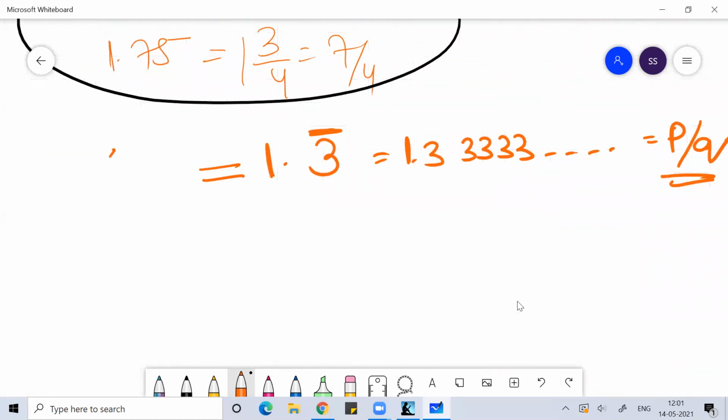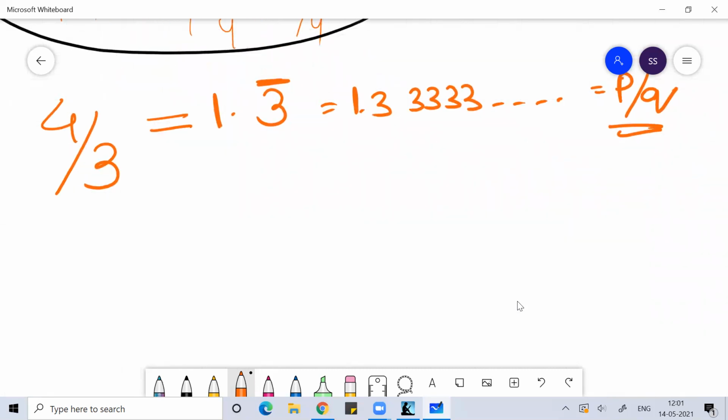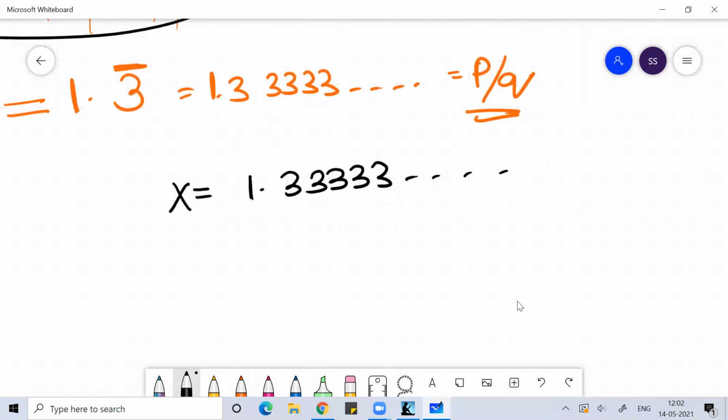You can write them in P by Q form, 4 by 3. That is 1.3333. So how can we get 4 by 3? Let x equal 1.333333, and suppose this is equation 1.